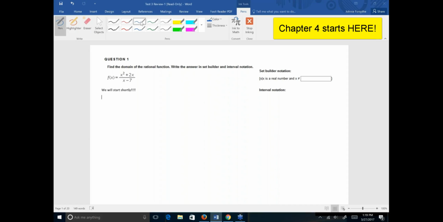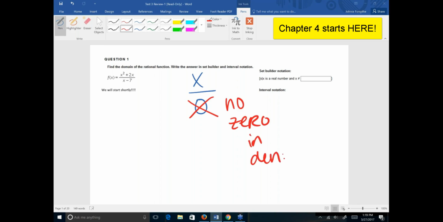So this is a rational function. Remember, to find the domain, we never want 0 in the denominator. Whatever over 0, you never want 0 in the denominator. So no 0 in denominator.